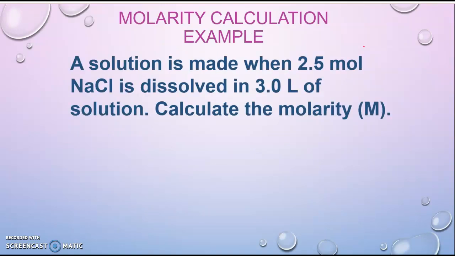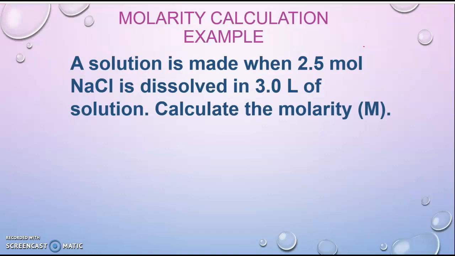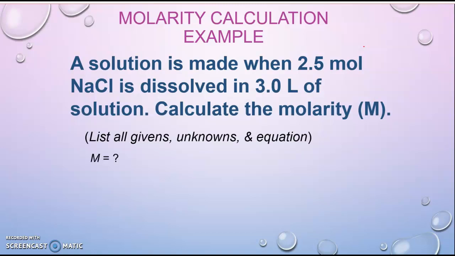We're given a problem. A solution is made when 2.5 moles of sodium chloride is dissolved in 3 liters of solution. Let's calculate the molarity. Let's list all of our givens, unknowns, and our equation. We don't know M because we're solving for that.